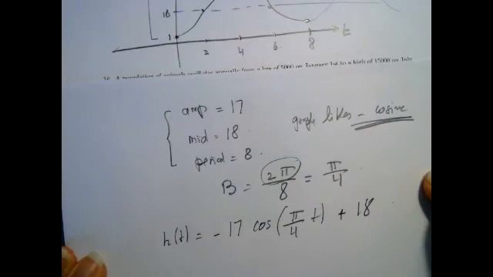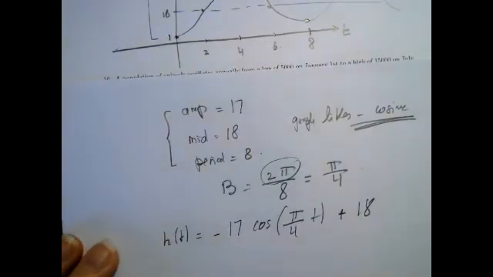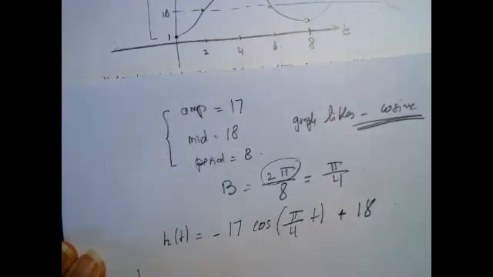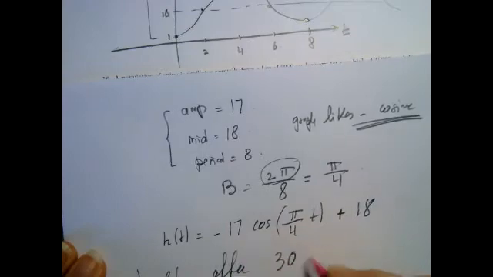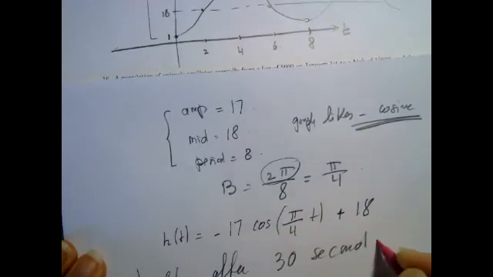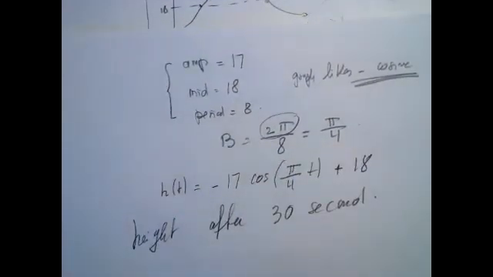Question number 2 is, find the height of the Ferris wheel above ground level after 30 seconds. So height after 30 seconds. Okay, what am I asking for here?